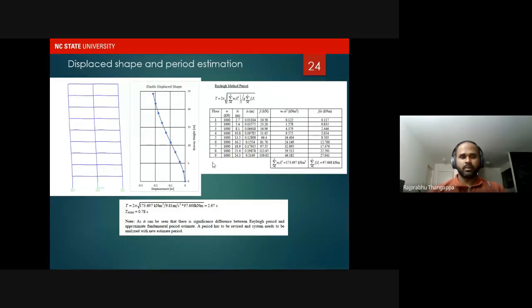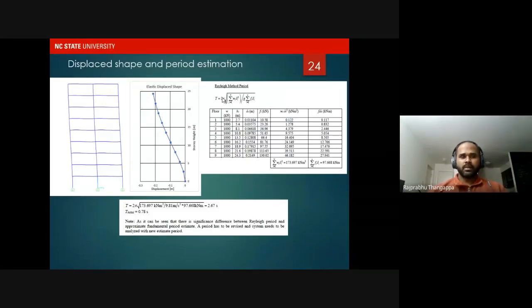So we will have to perform the iteration to match the period of the structure. In this process we would have to change the beam cross section and the column cross section and the reinforcement patterns. So this is how the design process works, and once we converge the period, we would have the structural design.